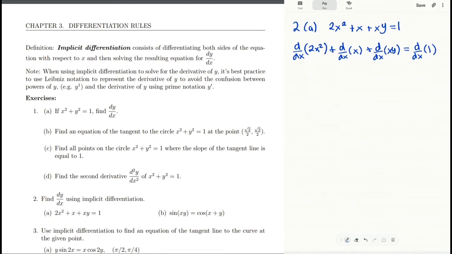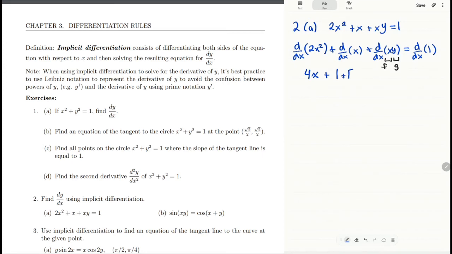So the derivative of 2x squared is 4x. The derivative of x is 1. Now the derivative of x times y. Here we have a product, so we need to use the product rule. We'll let f be equal to x, and g be equal to y.